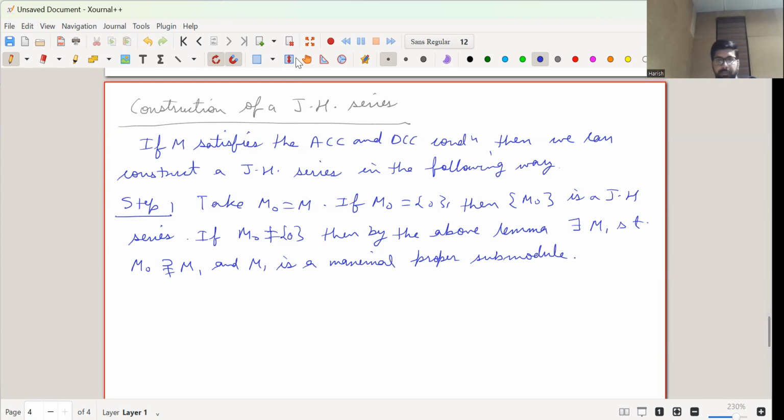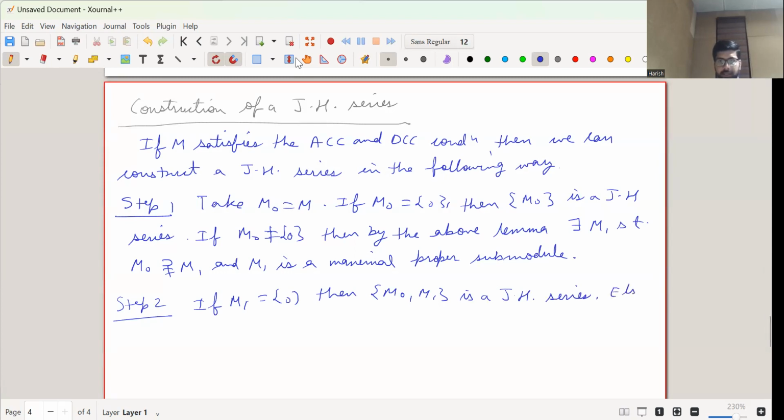Okay, so step 2 is: if M1 is equal to 0, then you stop here because you have started with M naught and ended at 0 and it's maximal proper, so there won't be anything between. So M naught, M1 is a Jordan-Hölder series.